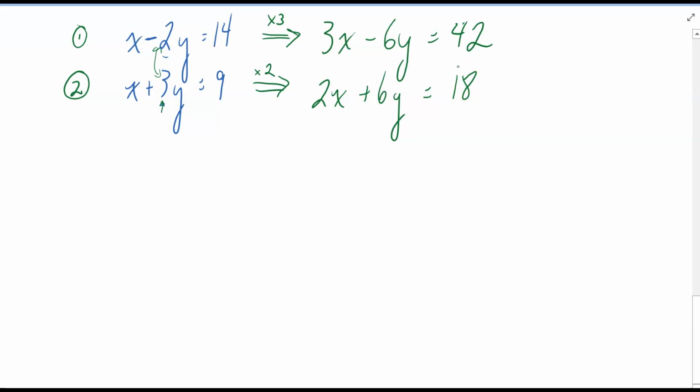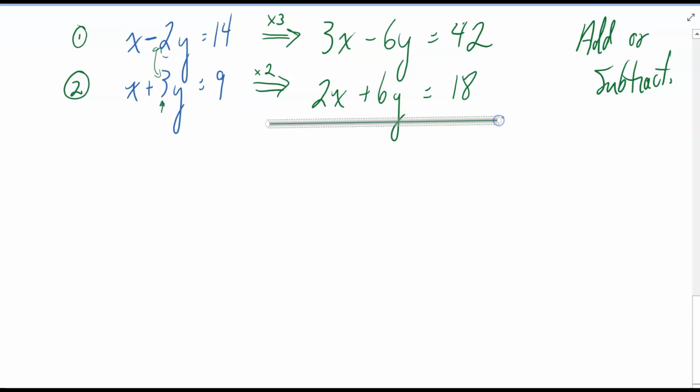Now, we have matching coefficients on the y's. So we can choose addition or subtraction. What do you choose? You want to choose the one that's going to produce a 0 after you do it on those two terms.